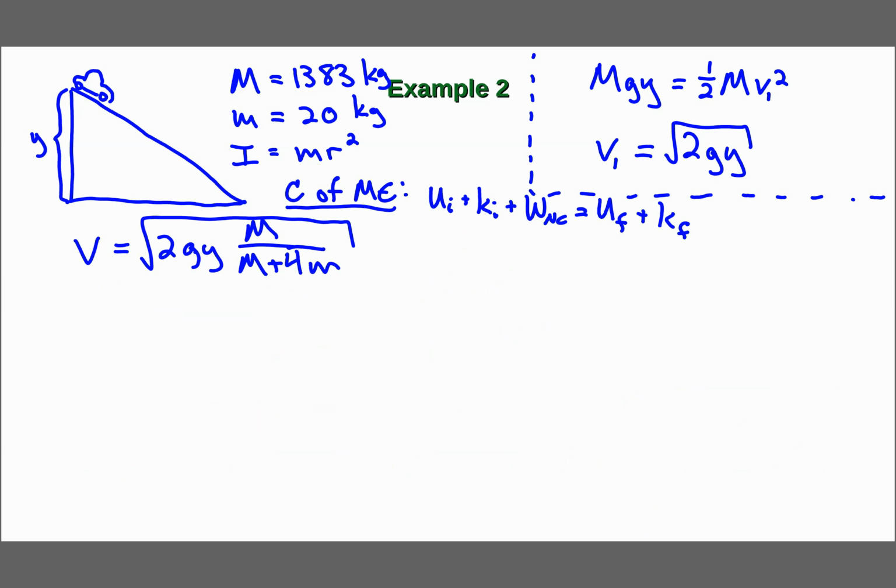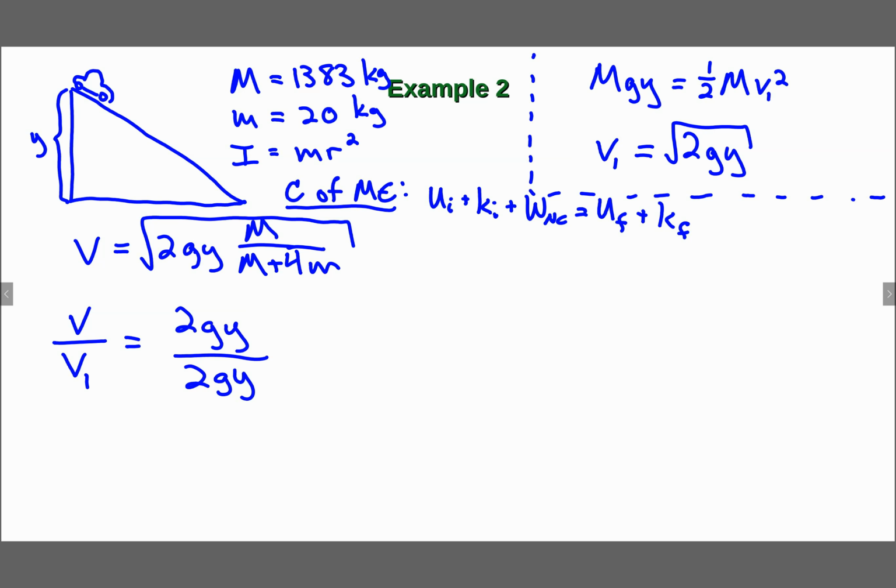So then if I wanted to compare these two answers, a good way is to take a ratio. If I have v over v1, then what I would have is 2gy over 2gy. Both of these velocities are in a root, so if I have the numerator and the denominator both in a root, I can just put the whole fraction in a root.